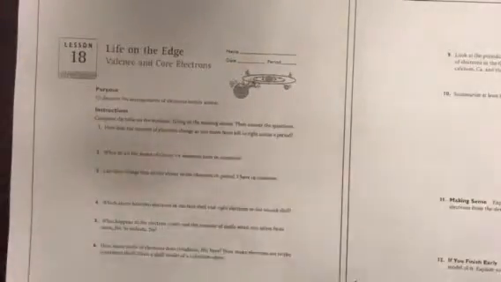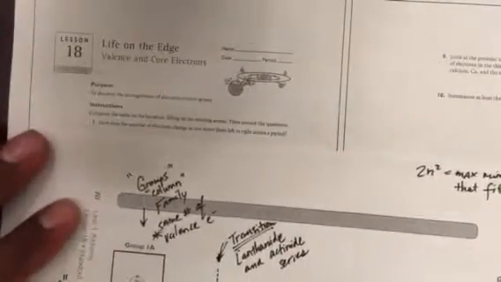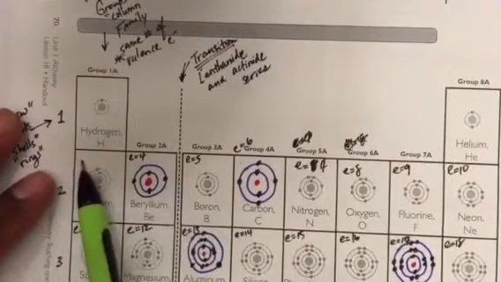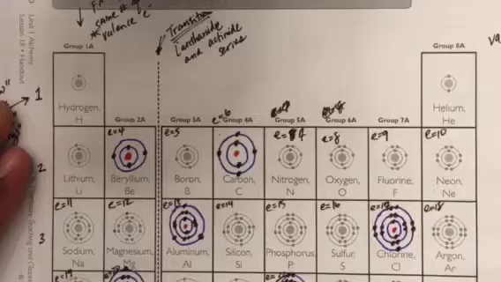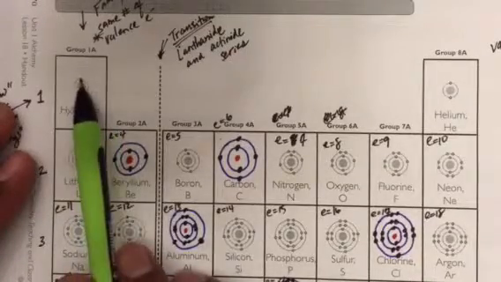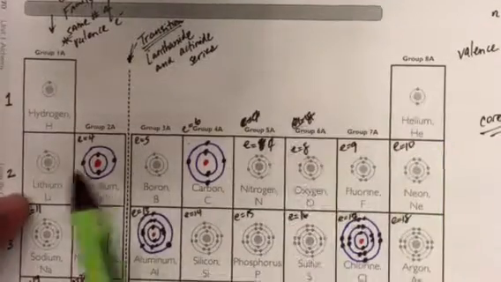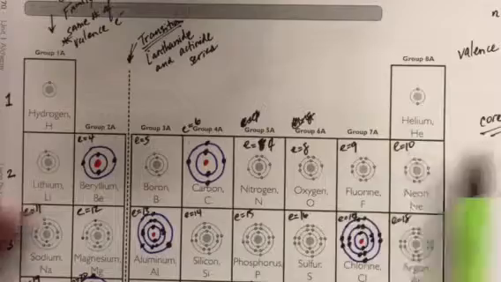Well, if you look at what they're referring to, it's asking you what happens to the electrons as you go from here to here, here to here, here to here. If you notice, the electrons tend to what? You have one right here, you have two right here, 3, 4, 5, 6, 7, 8, 9, 10.